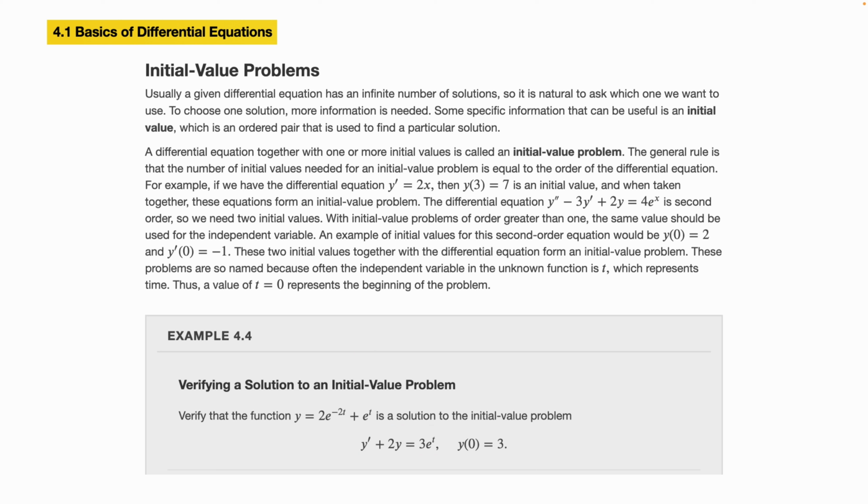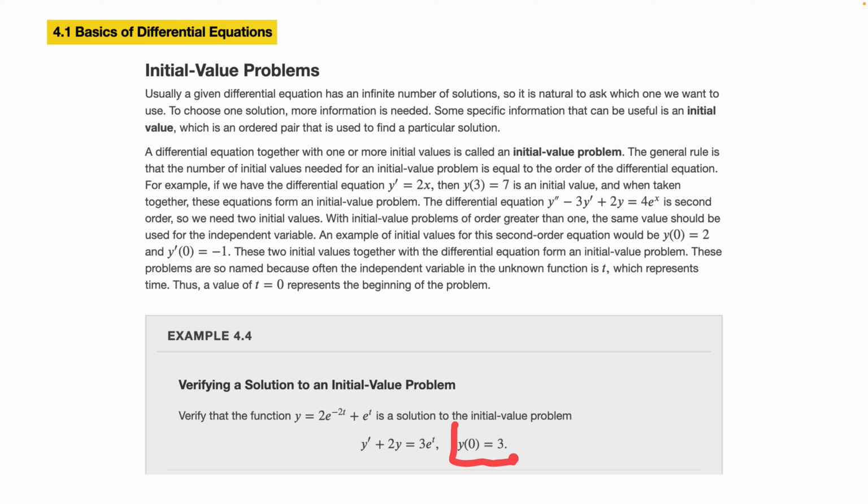The main way of solving is you'd like to just integrate. When you integrate, you pick up a constant. That gives you a family of solutions, which is called a general solution. When you pick something from that family, then you have identified a particular solution. How do you pick?